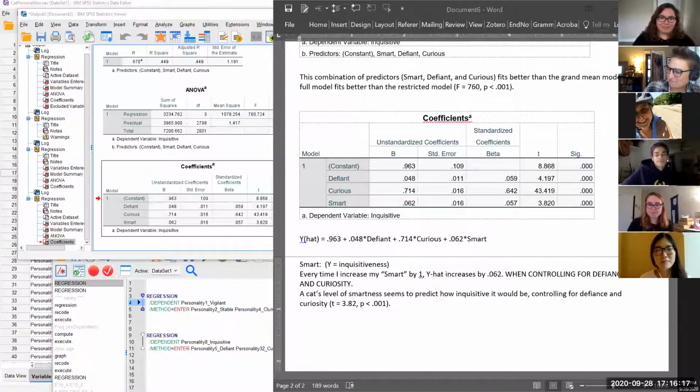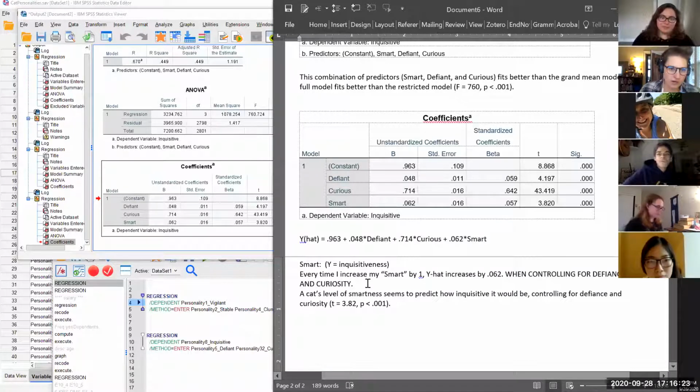No pets. All right. So in the breakout room that I visited, we talked about the SMART coefficient. If you did SMART, you might have gotten something like this: every time I increase SMART by 1, Y hat is expected to increase by 0.062 when controlling for defiance and curiosity.